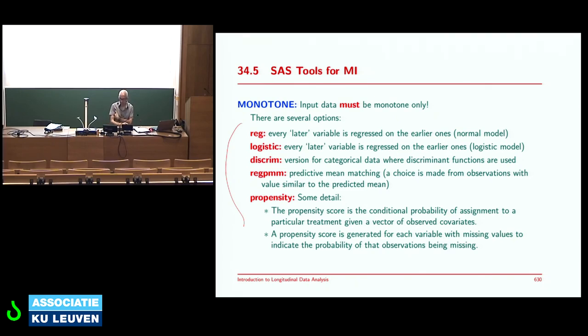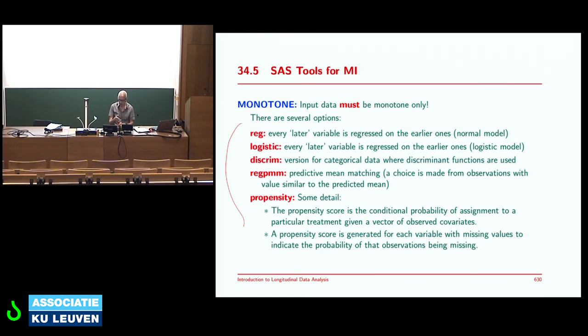You can build a predictive model through regression methods, or for binary data, logistic regression, or more generally, discriminant analysis. Or you can do predictive mean matching, and predictive mean matching is more, you look what's available and you pick from it.